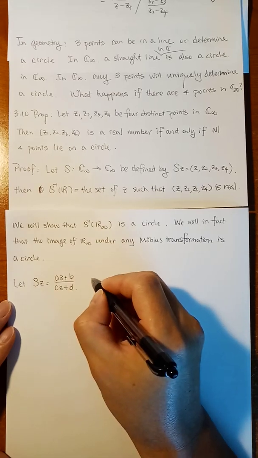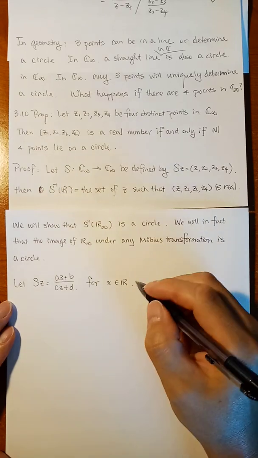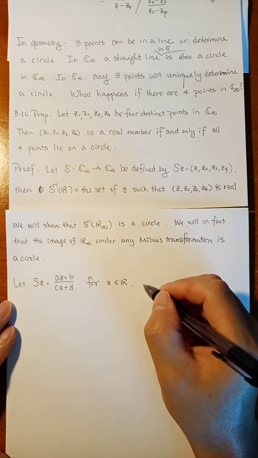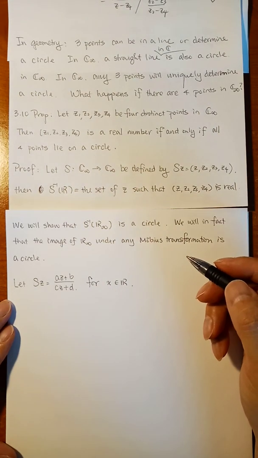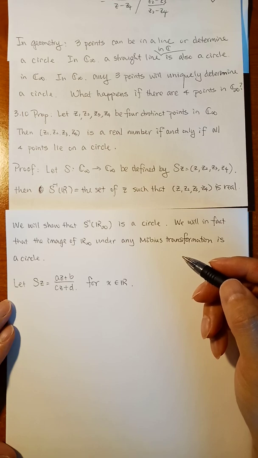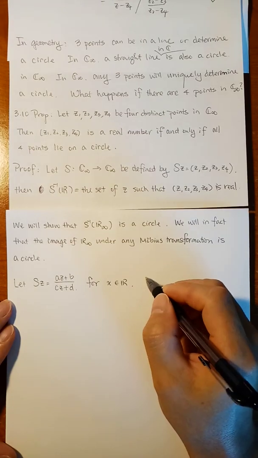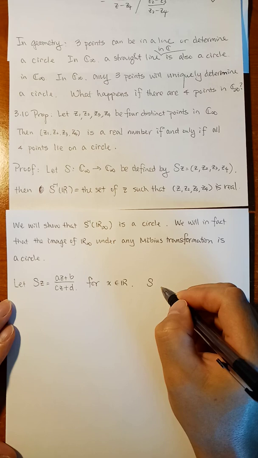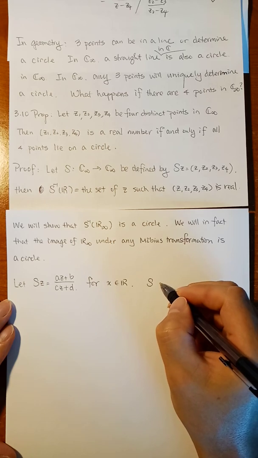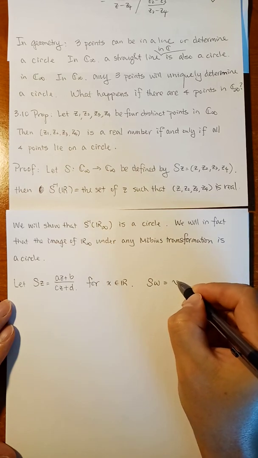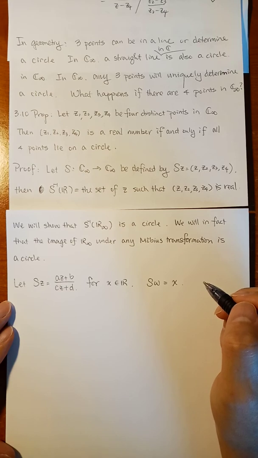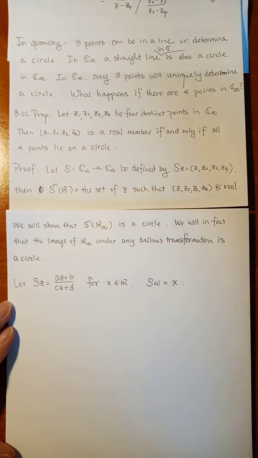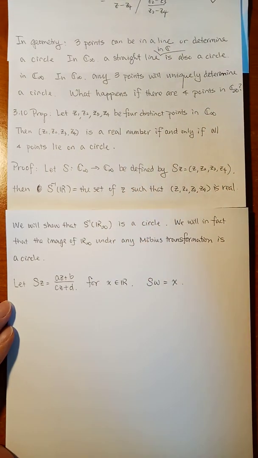So for X in R, S maps whatever point to a real number. Yes, the image is a real number. Right?